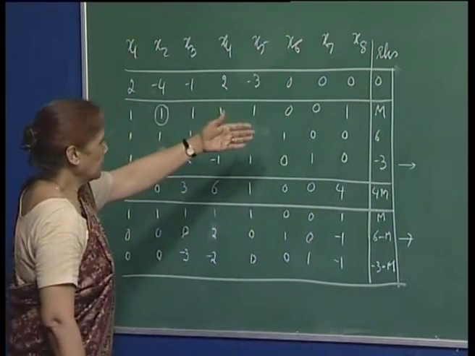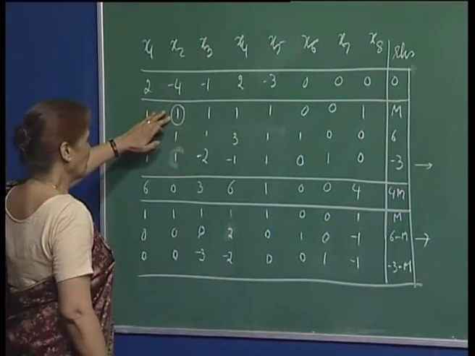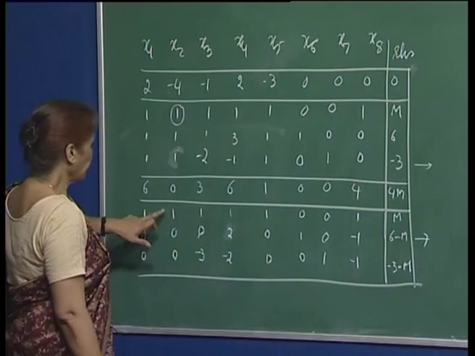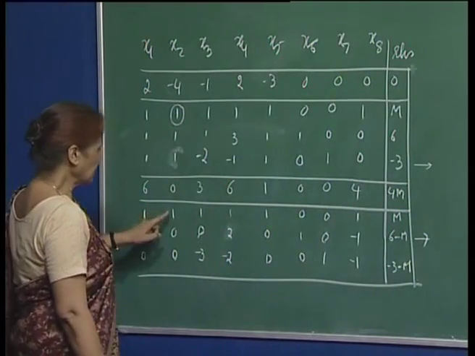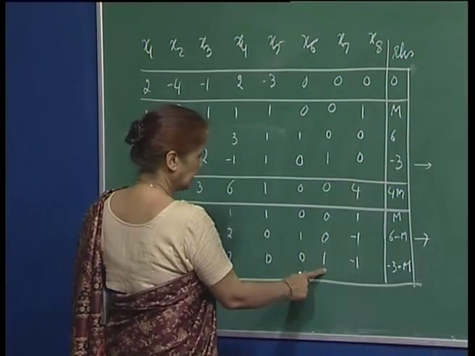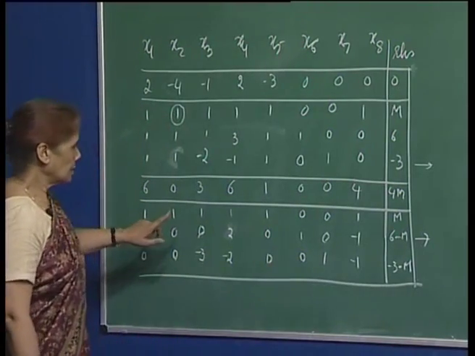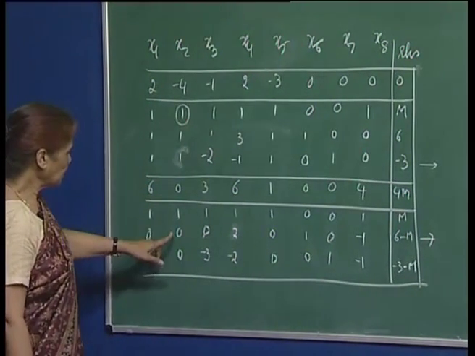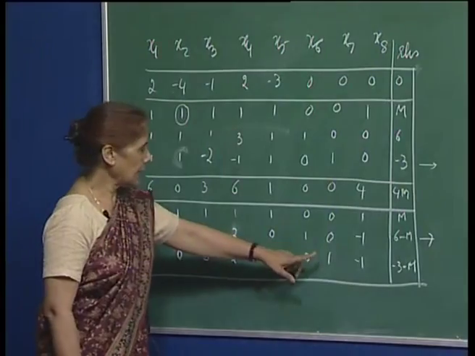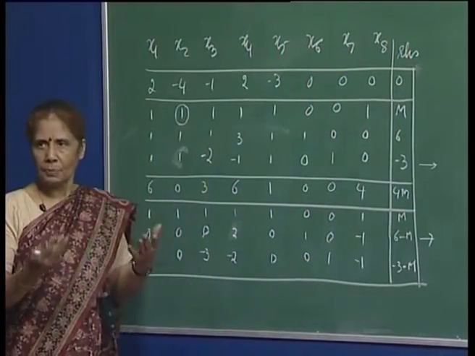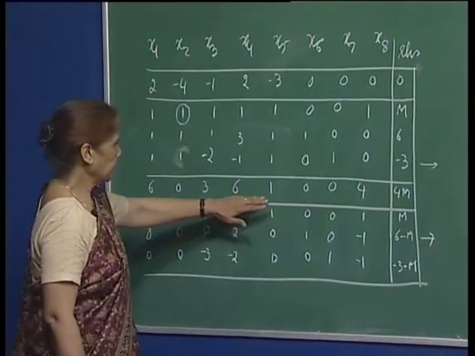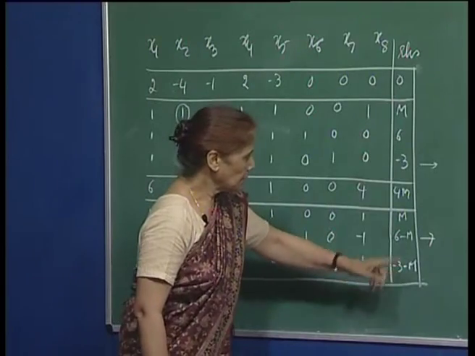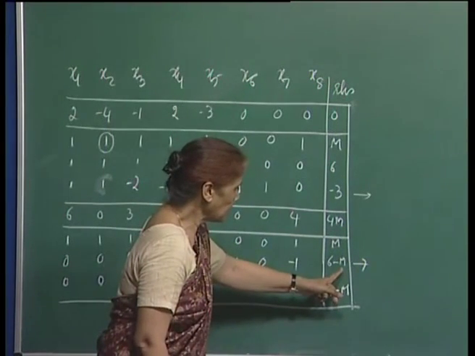Now I have replaced x8 by x2, so your current basis consists of x2, x6 and x7, the columns A2, A6 and A7. This basis is dual feasible, but not primal feasible, because M is a very large number.